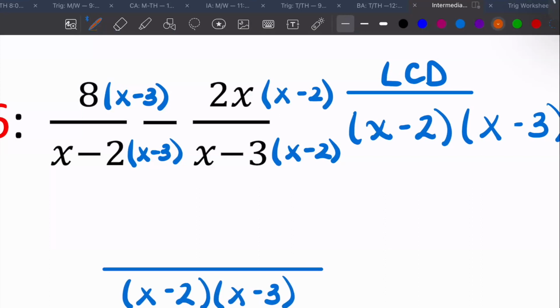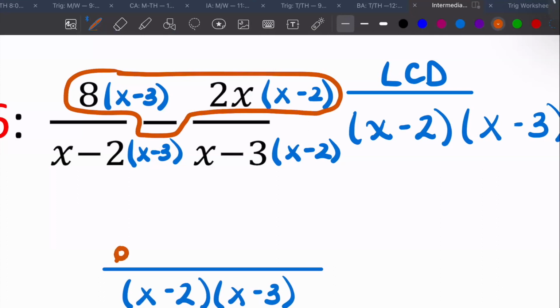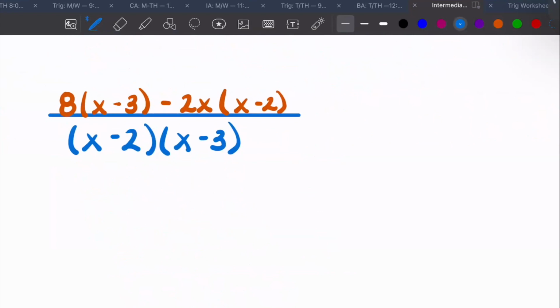Now we're going to look here. Okay, 8 times x minus 3 minus 2x times x minus 2. Okay. And then you just clean up that numerator. Okay, so we're going to distribute.